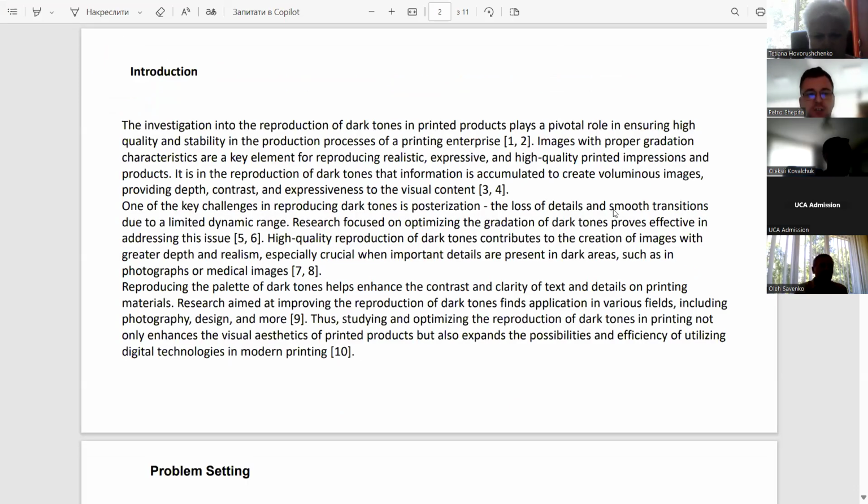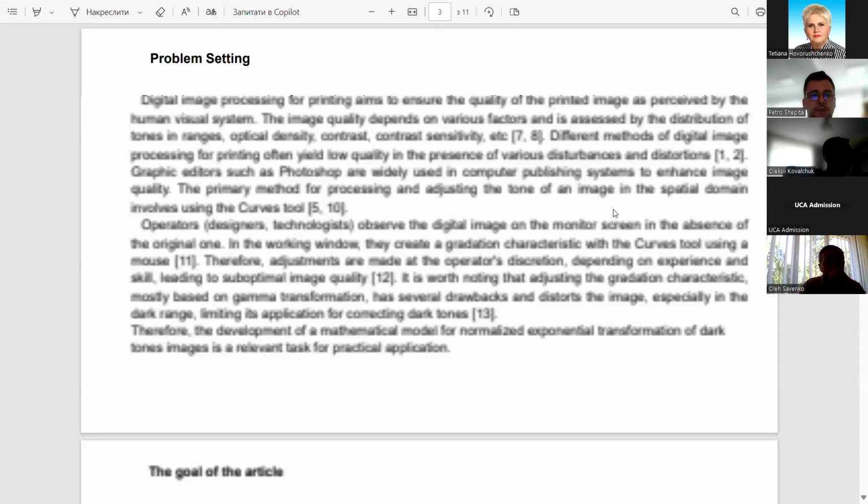The investigation into the reproduction of dark tones in printing production plays a role in the high quality of printing products. It is a very important problem which we research.